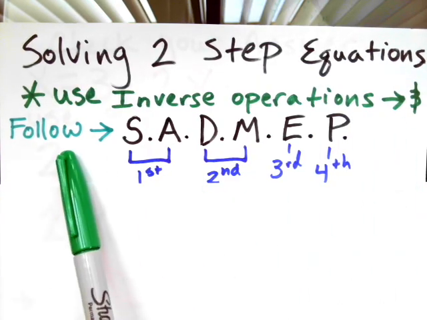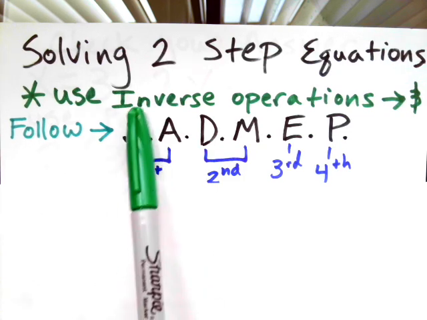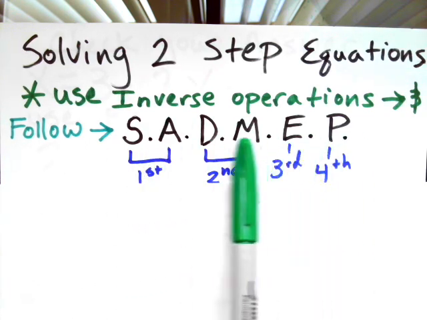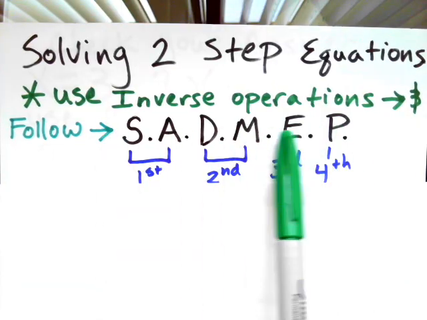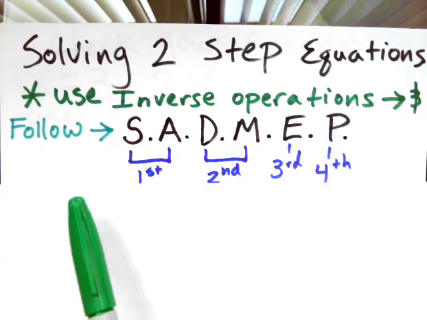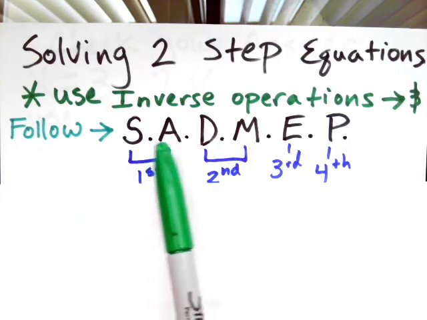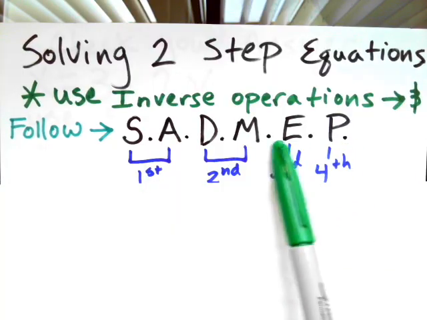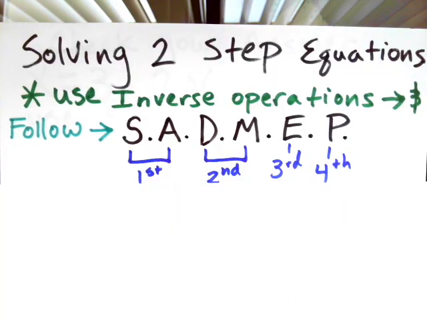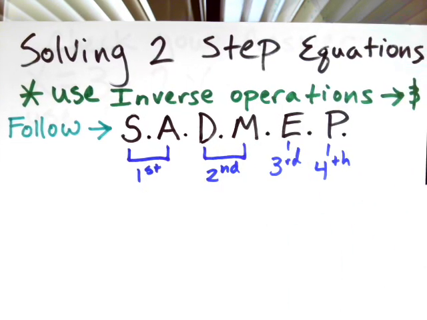Remember, follow this order. It's the opposite of PEMDAS, the order of operations, when solving for a variable x or y. First, you'll do the opposite of adding or subtracting, then you'll do the opposite of multiplying and dividing, and then you do the opposite of exponents and or parentheses.